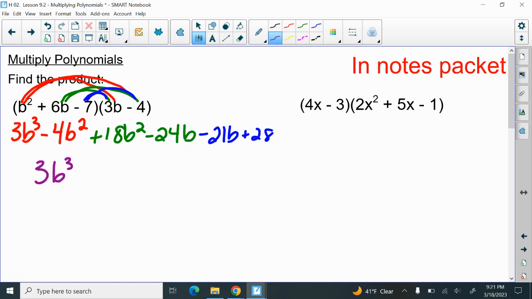I can combine the -4b squared with the 18b squared to get positive 14b squared. -24b minus 21b gives me -45b, and then that plus 28. And I can see it's also in the proper standard form, because 3 is my biggest exponent, and it goes down in order. Pause the video, try the next one on your own, and come back when you're ready to check.